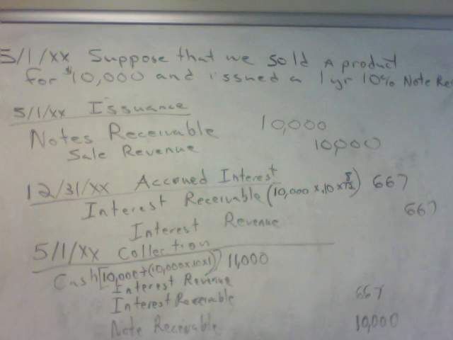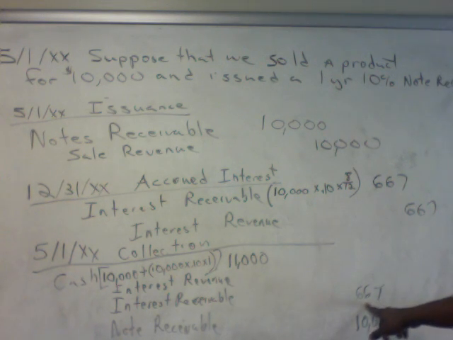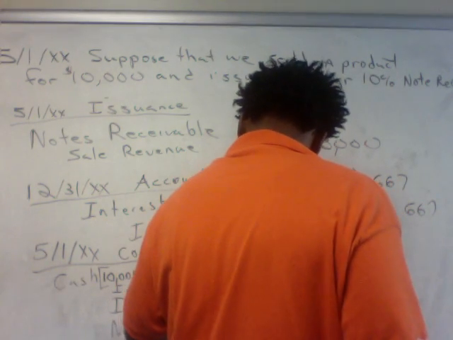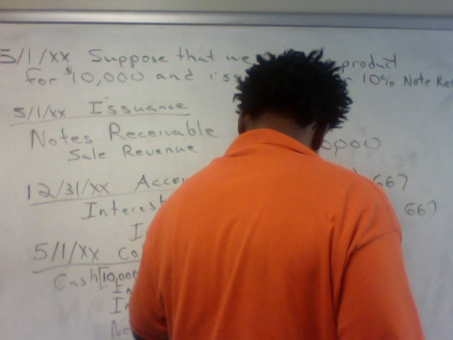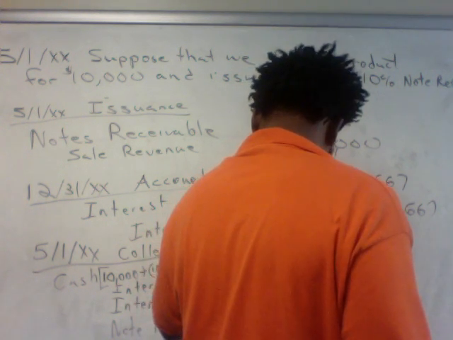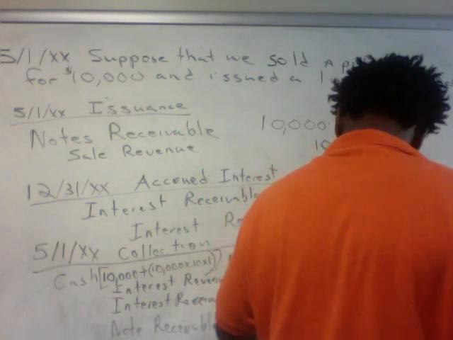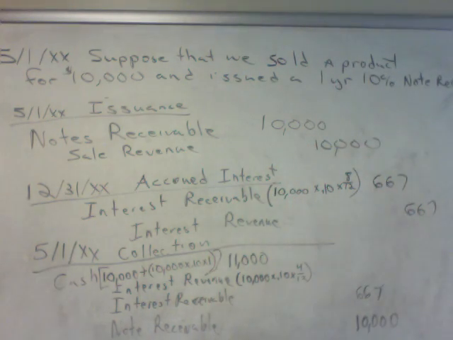Now, we could be real smart, and just subtract this from 1,000. Because we know our total interest is 1,000, and we know we've already recorded 667 of it. But we could do the calculation too. So we could say, what, 10,000 times 0.1 times 4 over 12. And that should give us the difference.